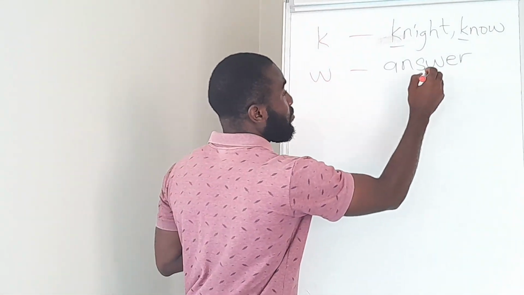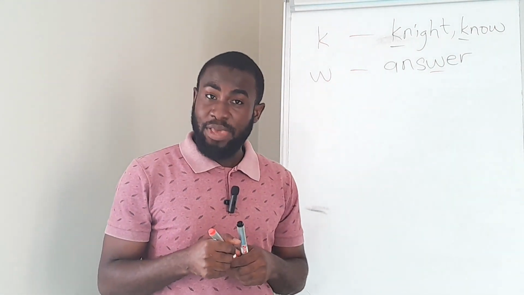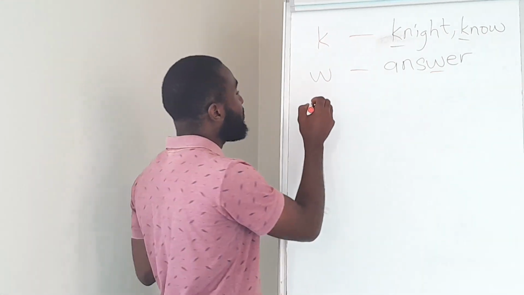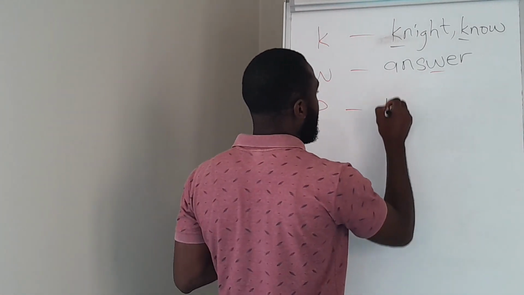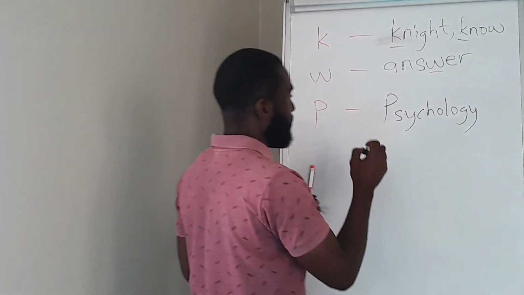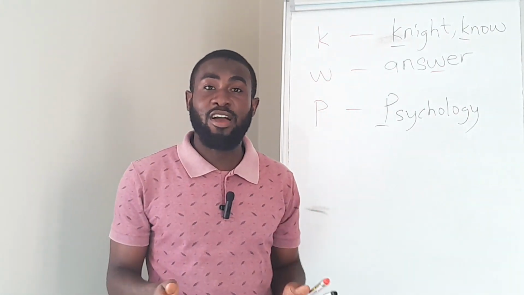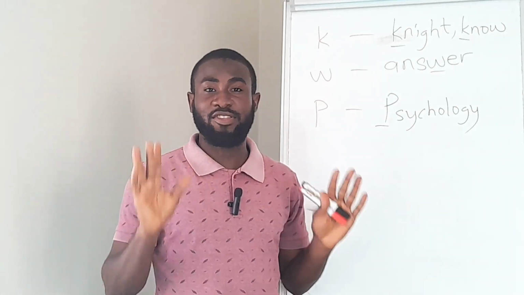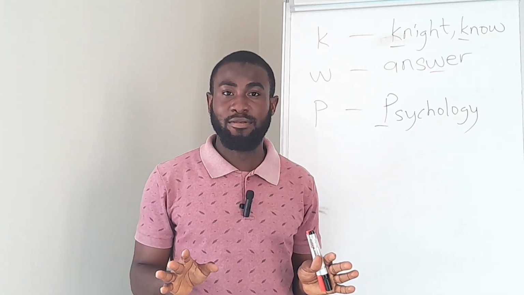P is not pronounced in the word psychology. Whereas in Turkish, you pronounce every letter, no matter its position.